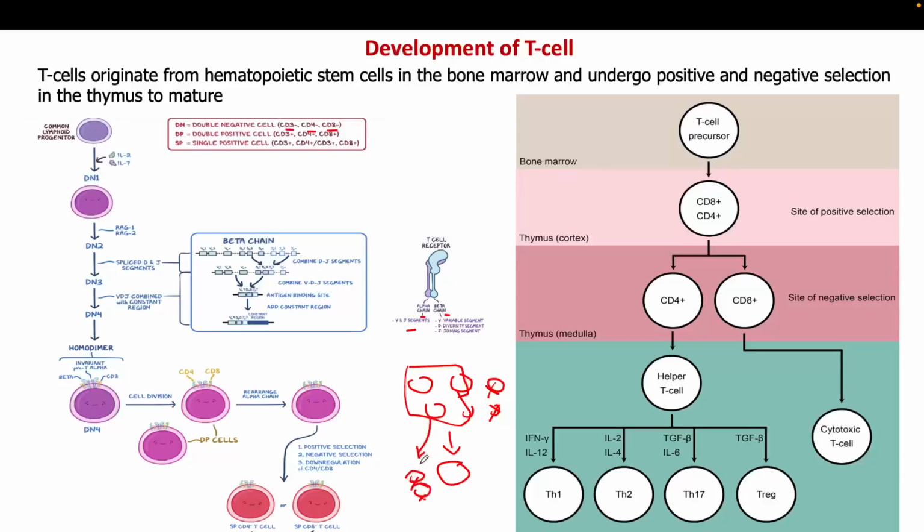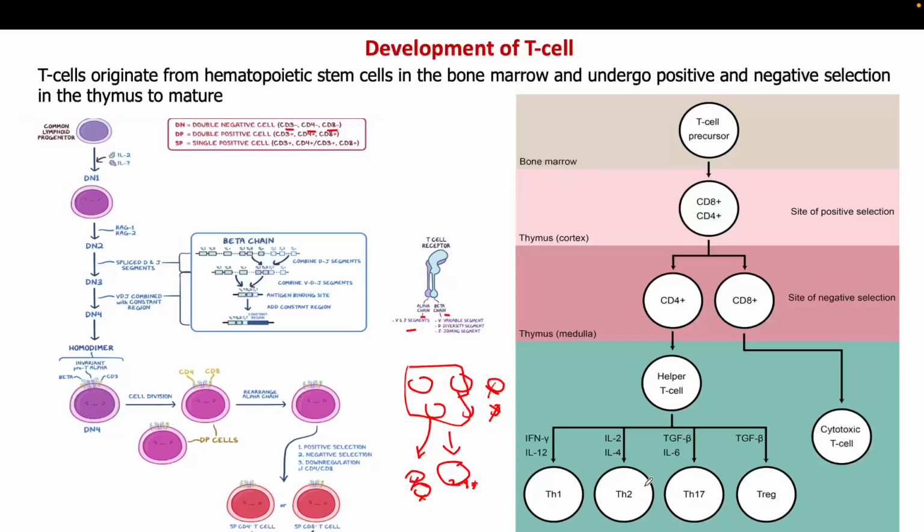This is called negative selection, and after that only 2 to 4% of cells will remain, which have the desired affinity for foreign antigen. They will go to the secondary lymphoid organ, encounter a particular type of antigen, and then neutralize that antigen.